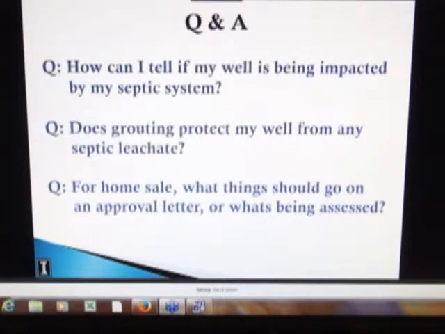It wasn't really a research study, it was more from the state agency there, that the best material to use for grout is bentonite chips. They're clay chips that are naturally formed, and when you put them in your annulus and they get wet, they expand to a number of times their size, effectively sealing the annulus, and they don't go anywhere because they're already a pebble-sized or larger chip. So grouting certainly is a good best practice, and it should protect your well.